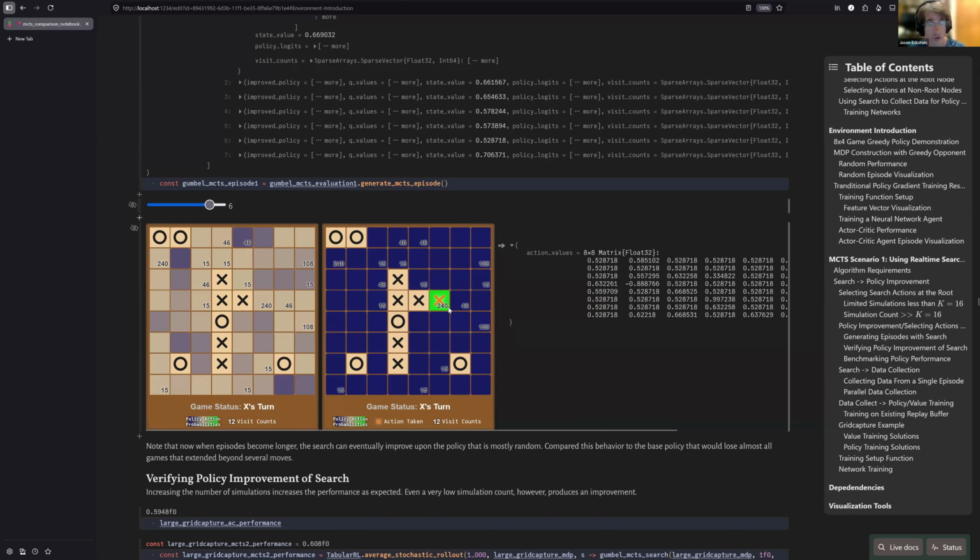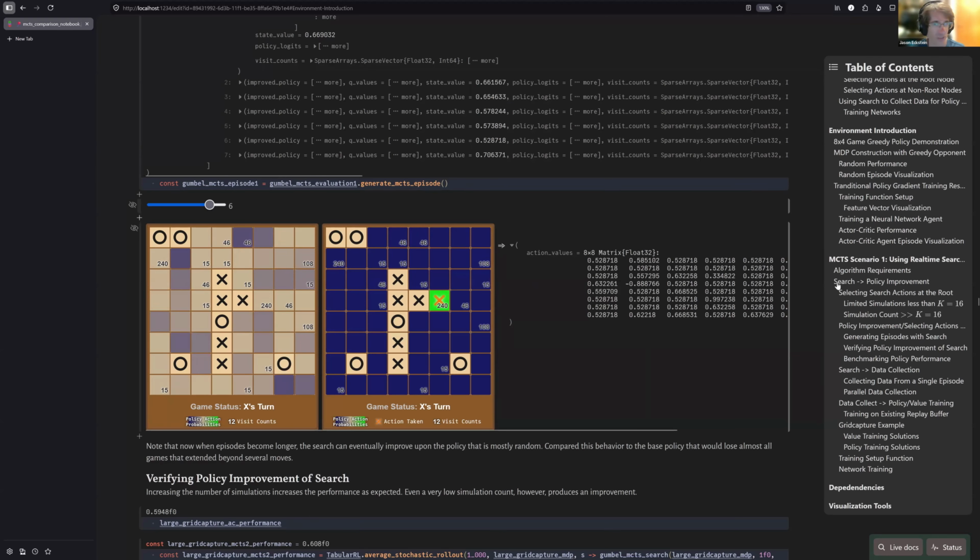Now, if the policy function's really terrible, its distribution won't even have information as good as this, where it won't even be good at directing it. But the point is, no matter how bad the policy function is, this can at worst lead to the same type of performance, and in expectation should lead to an improved performance.